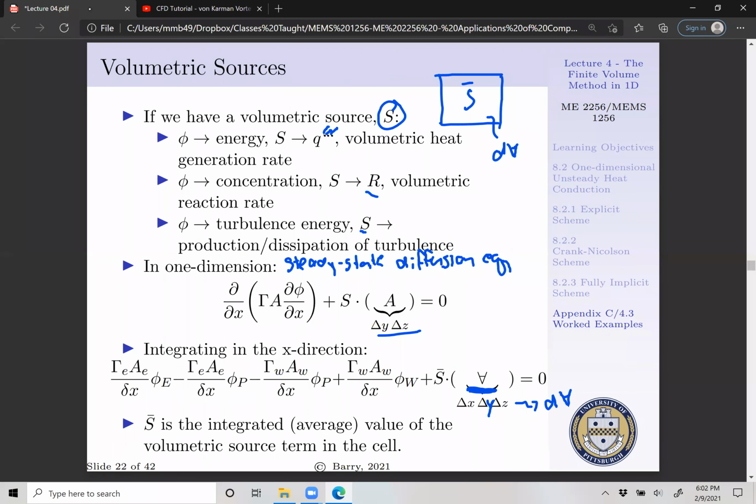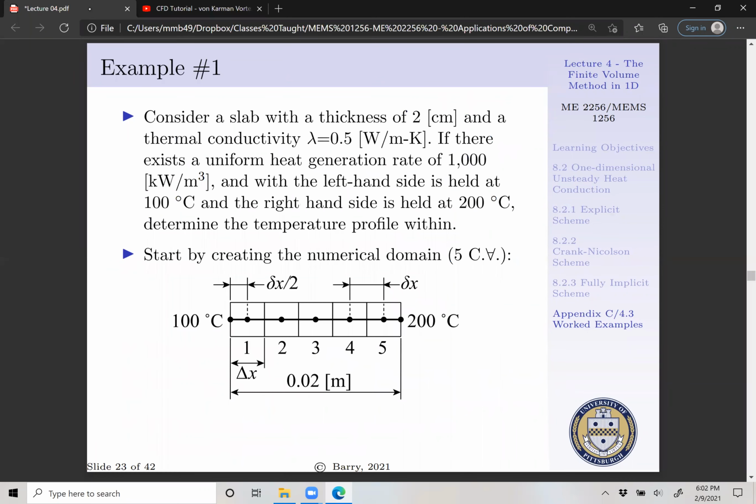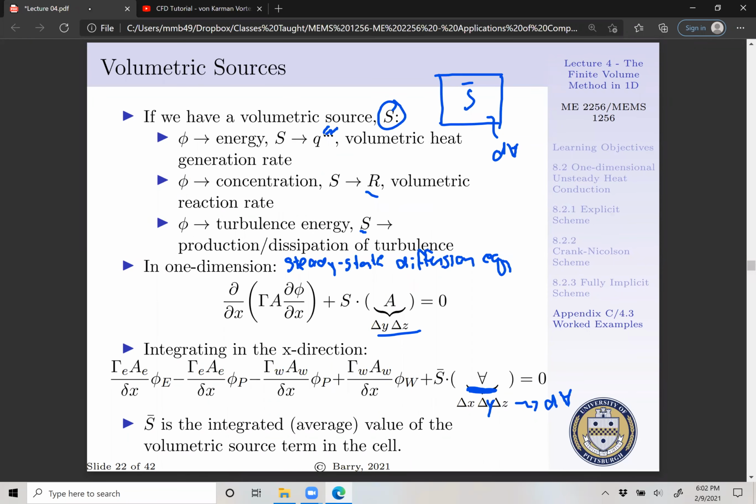Now, we have to discuss a little bit about this volumetric generation. And the best way to do this is an example. This is simply, ever so simply, incredibly simply, basically a constant value we're going to tack onto each equation.